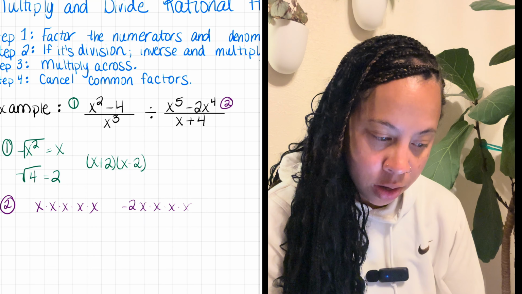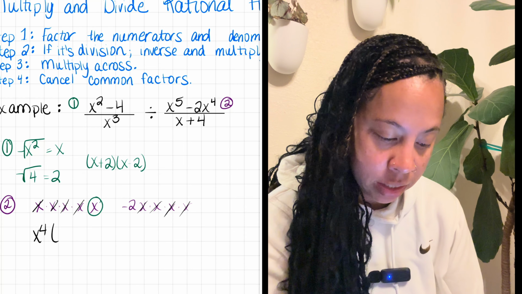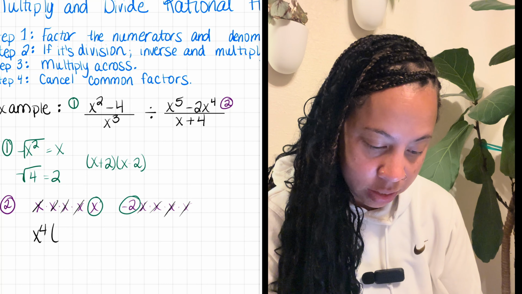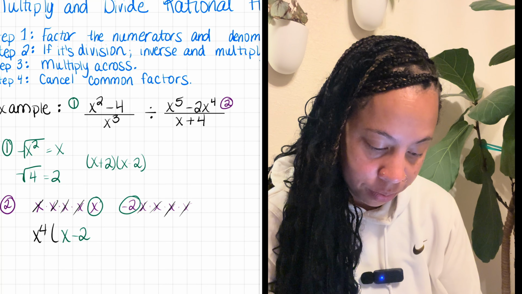Oh, I'm sorry, I have one extra x here. So I'm going to take x to the 4th out, and whatever I have left is what goes inside my parentheses. So I have 1x and a minus 2. Okay, so now we factored everything.